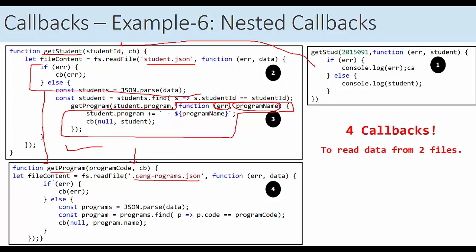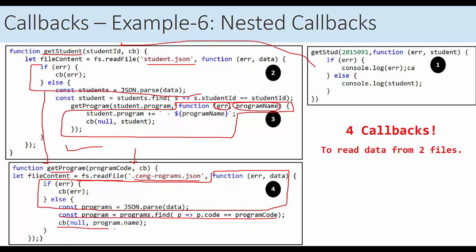Again, the second function, getProgram, will open a file using asynchronous read. When it reads the file, it provides a callback function for the file read. Let us say it got the data. It filtered the data with the program name. Then it uses CB callback with the program name. It will call its callback.